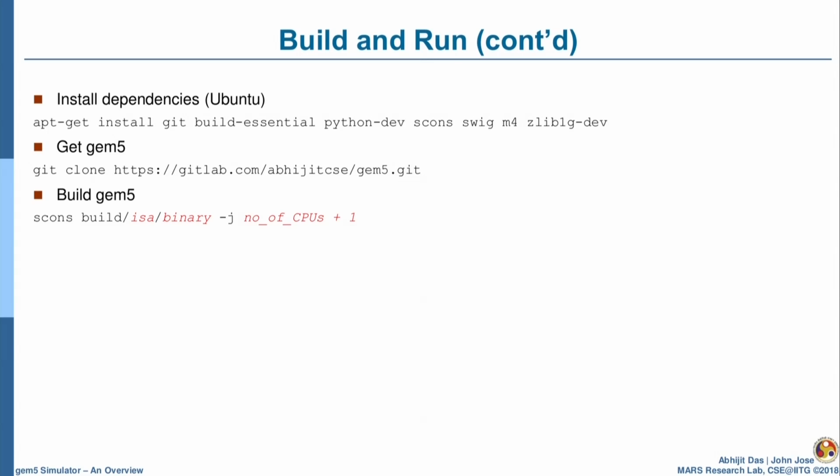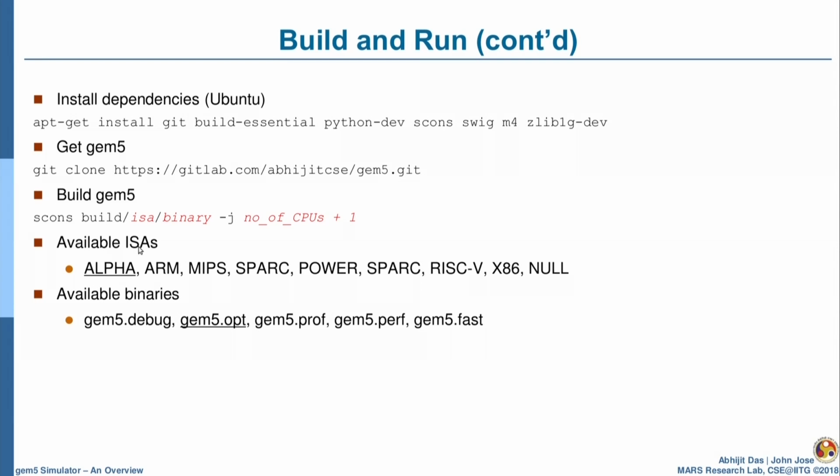After getting the copy, we can build the GEM5 simulator by using a command like this, where scons is the make, build is the directory, ISA can be one of the following and binary again can be one of the following. As I mentioned before, for our simulation based assignments, we will use Alpha ISA and the gem5.opt binary.